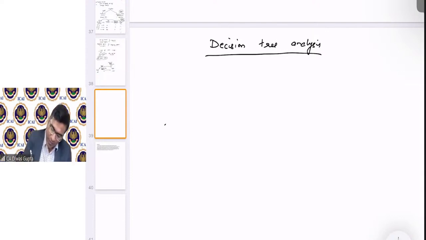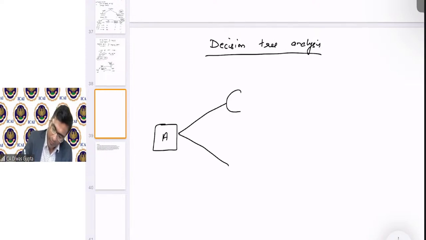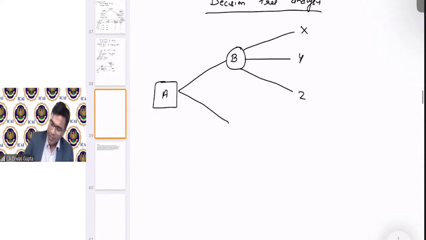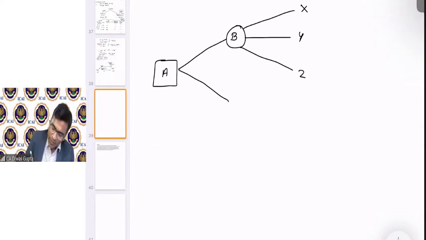See, somewhere the decision tree will look like this. Now there is some meaning attached to each and every box and each and every line. So first just understand that what does this square box represents?